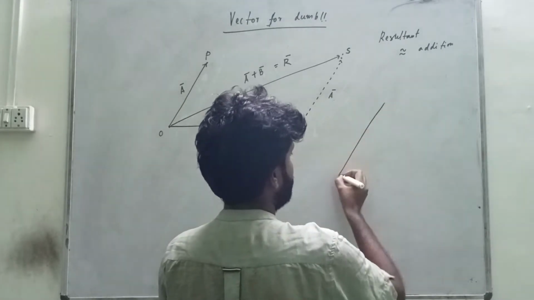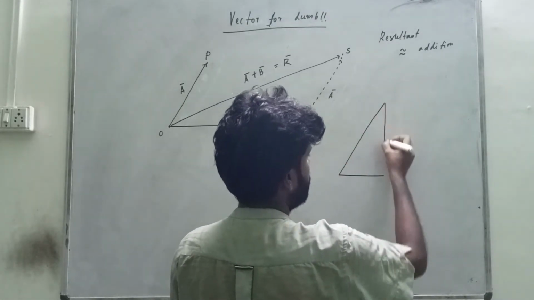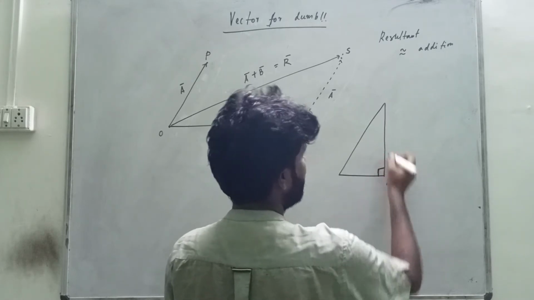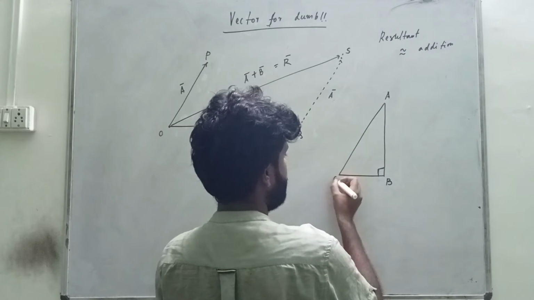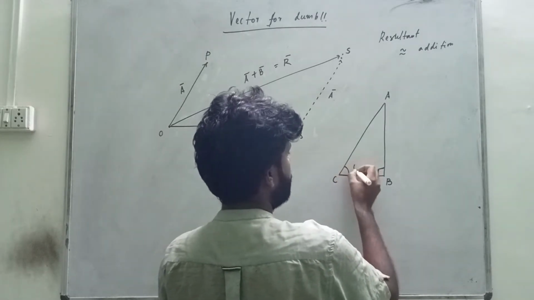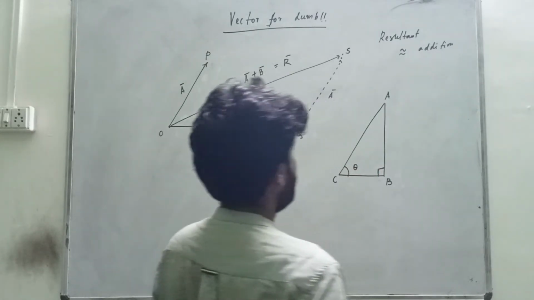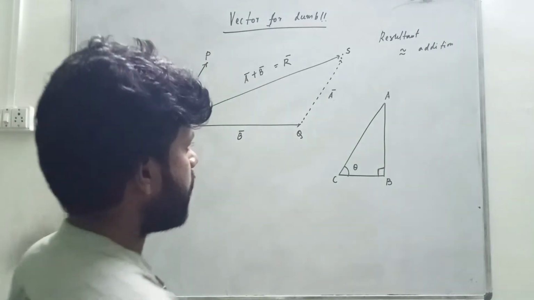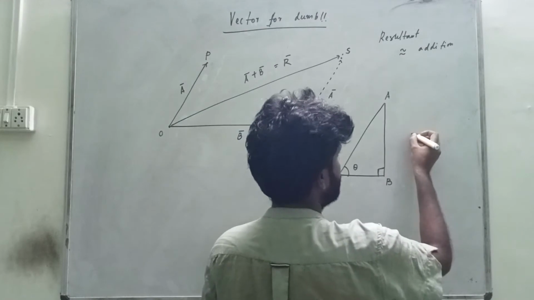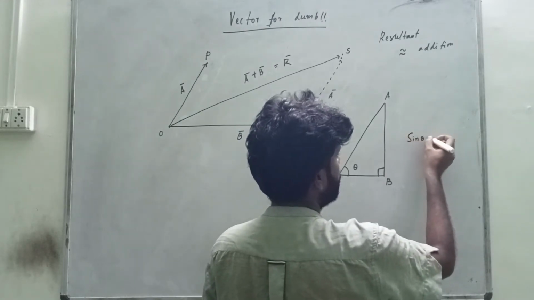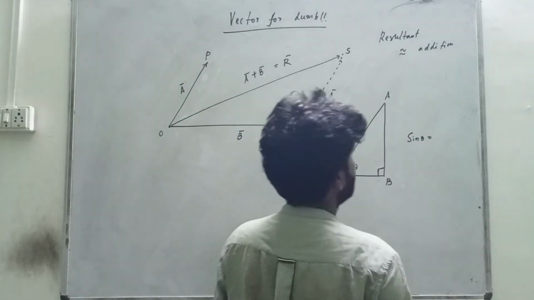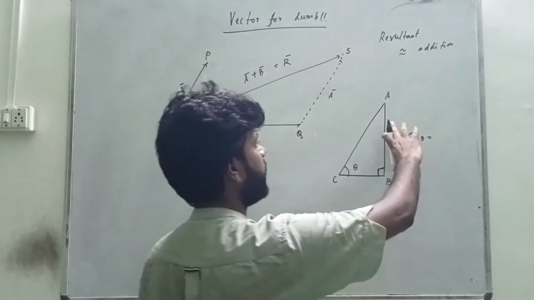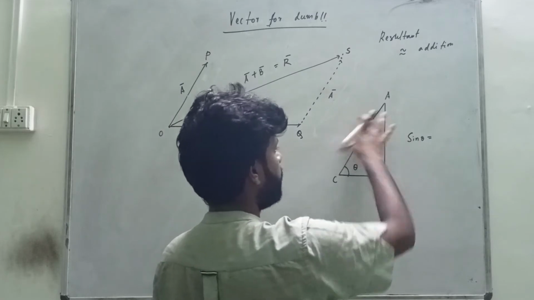If it is a right angle triangle with the right angle at B, with vertices A and C, and the angle at C is theta, then from your class 9 all of you know sine theta means perpendicular by hypotenuse, AB by AC.